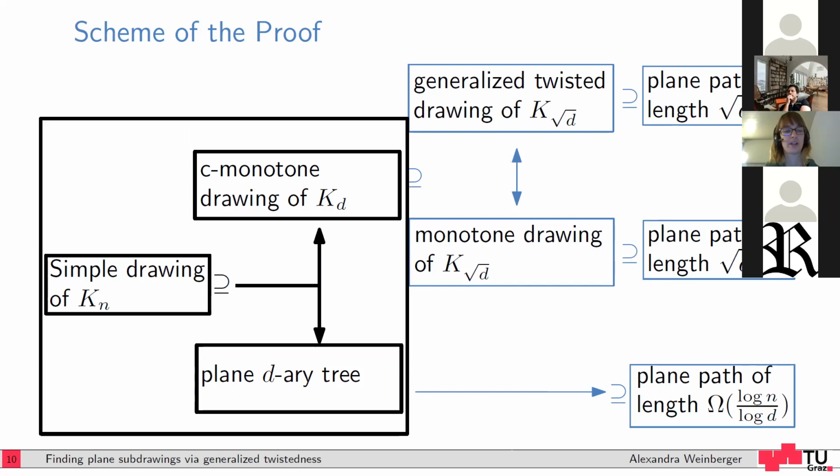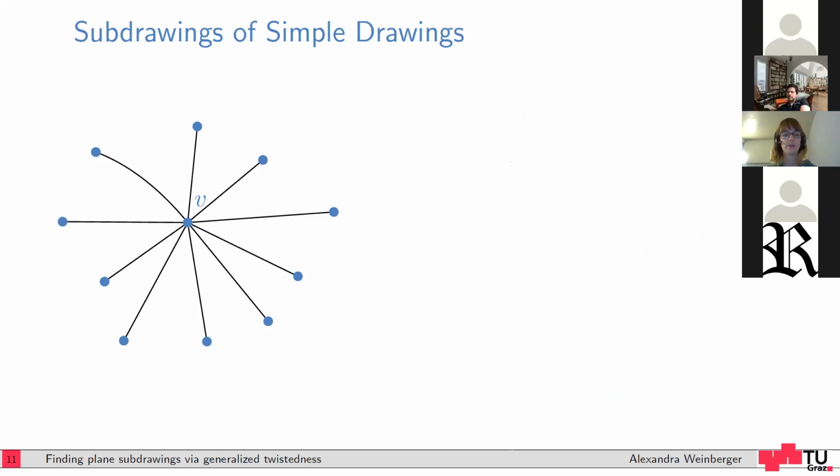leaving the beginning: how do we find in any simple drawing of the complete graph a C-monotone drawing or a plane d-ary tree? To do that, we take our simple drawing and we take a star in it. The star of a vertex V are all edges incident to V. It's plane because it's a simple drawing and all these edges are adjacent.